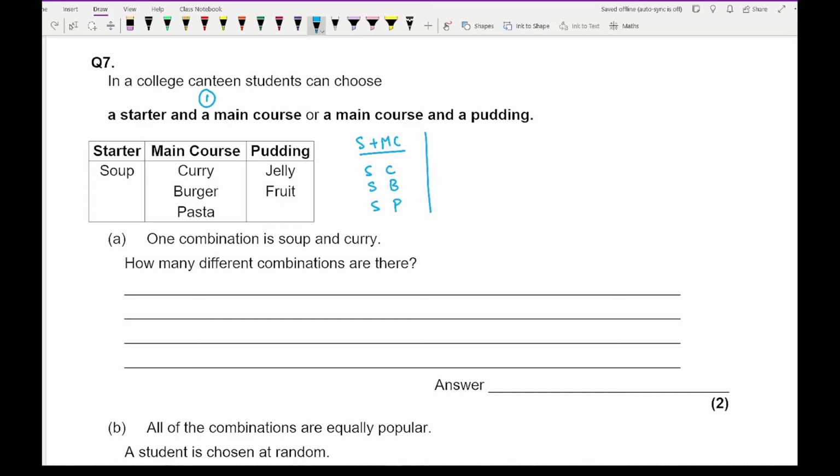Now if I went for main course and pudding, then my options are C and J, C and F, B and J, B and F, and finally P and J and P and F. So looking at how many different combinations there are, I've got 3 combinations for the first option, and 6 combinations for option 2. So 3 plus 6 equals 9 different combinations.